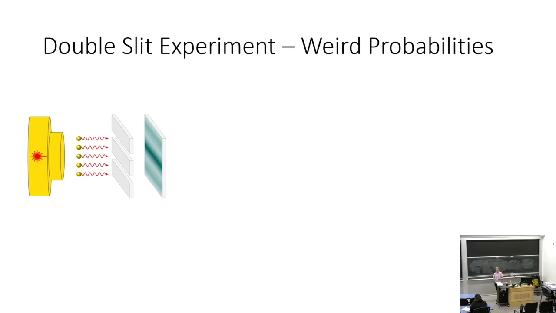The experiment shows us that even places that are never hit when both slits are open can sometimes be hit if only one slit is open.